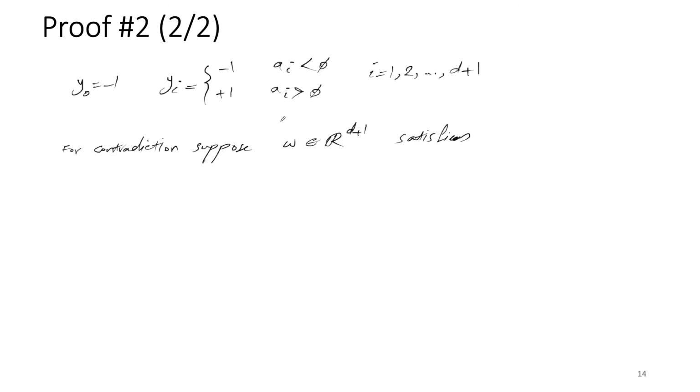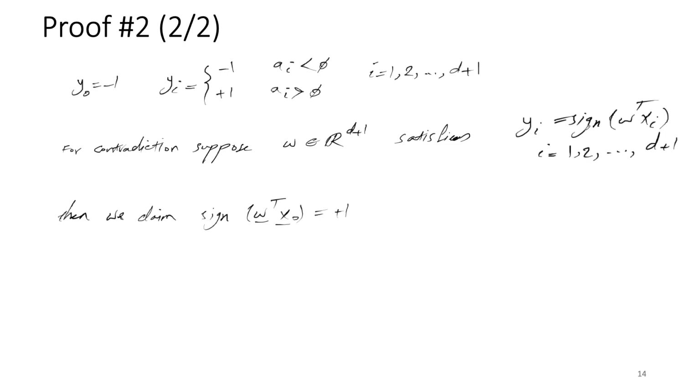So for contradiction, we suppose we have a w that satisfies this perceptron, right? Now, we have to just claim that this was plus 1 so that it contradicts the minus 1 here. The hypothesis was predicting plus 1, but the real value was minus 1. In this case, we can contradict the proof.